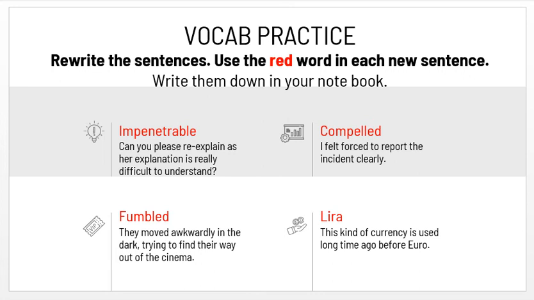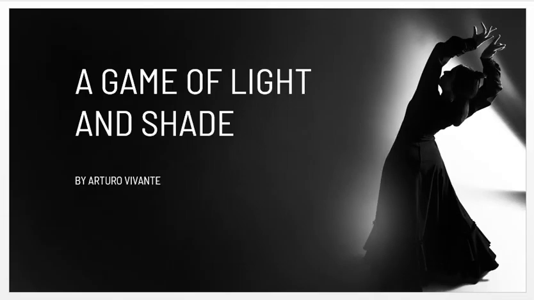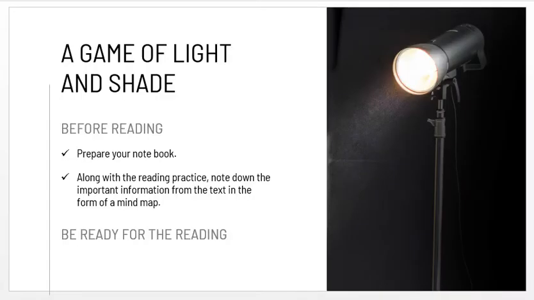Okay, boys and girls, let's now move to the reading text. We will talk about a text entitled A Game of Light and Shade, written by Arturo Vivante. But before we read the text, I want you to prepare your notebook.